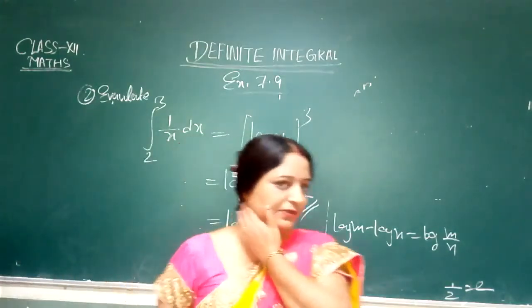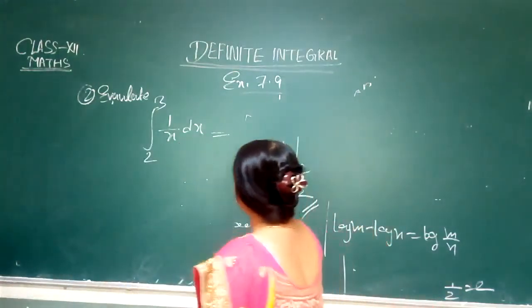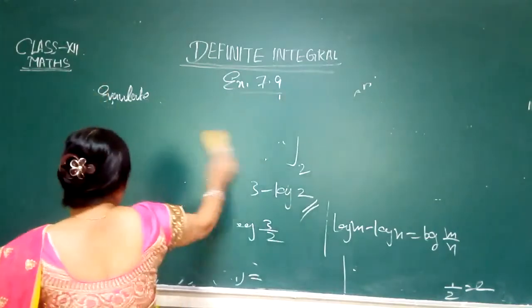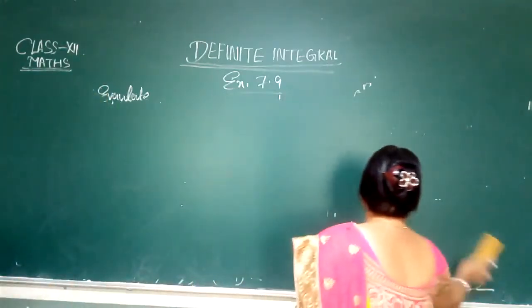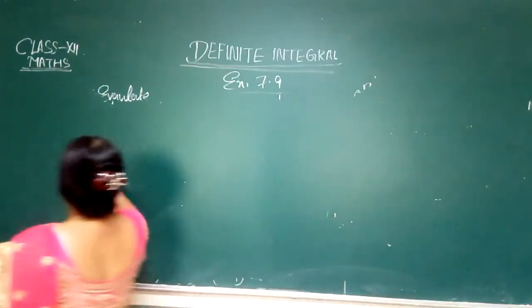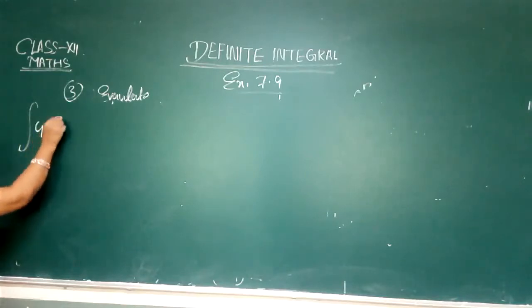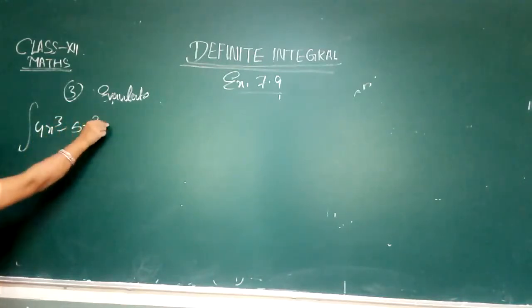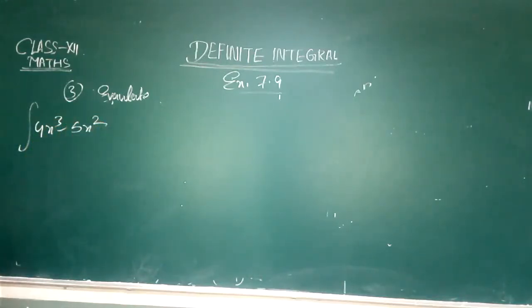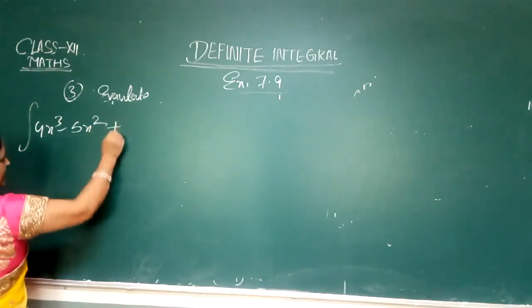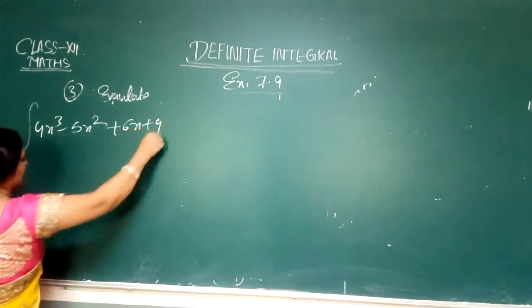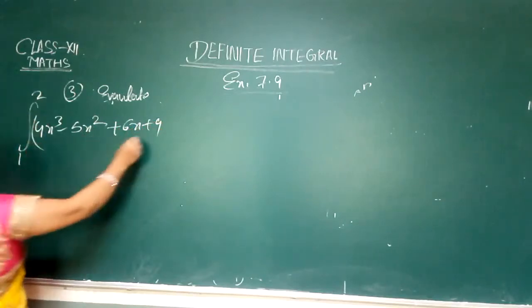Now after this we will solve the next question. In question number 3, find the integration of 4x cube minus 5x square plus 6x plus 9, with the limit 1 to 2, dx.